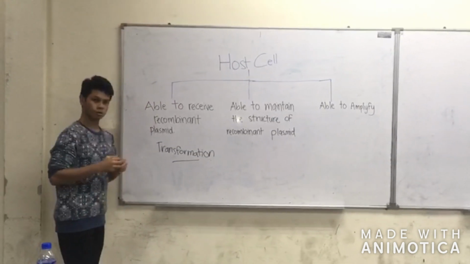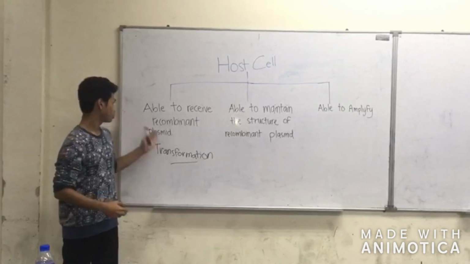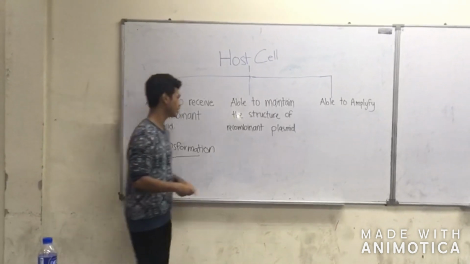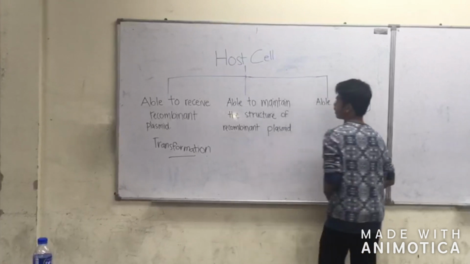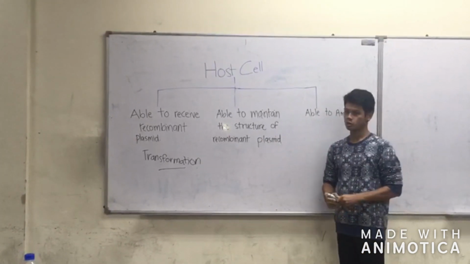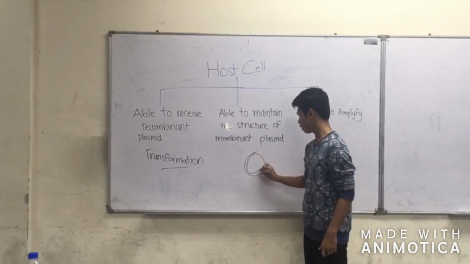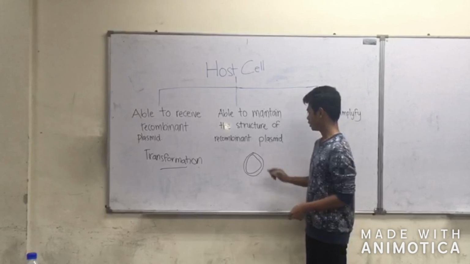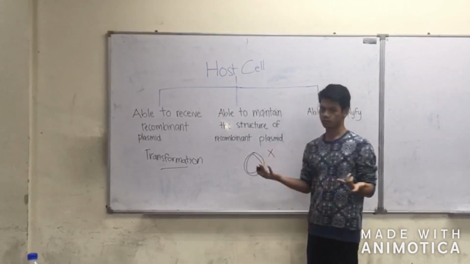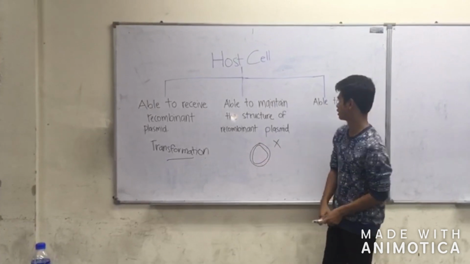Alright, so through the transformation process, the recombinant plasmid will be introduced into the host cell. The second characteristic of a host cell is that it is able to maintain the structure of the recombinant plasmid, so the structure will not be damaged and will be maintained from generation to generation.